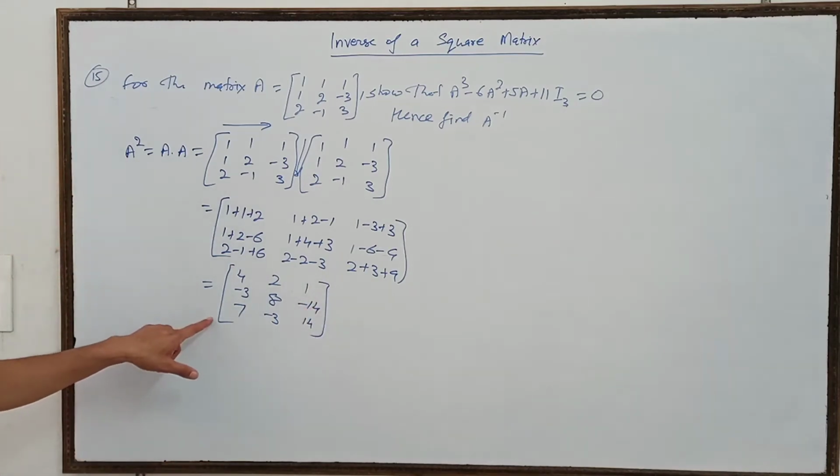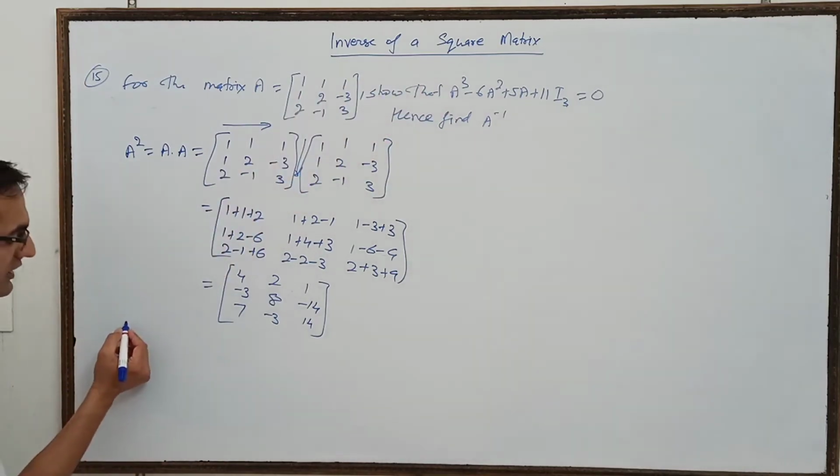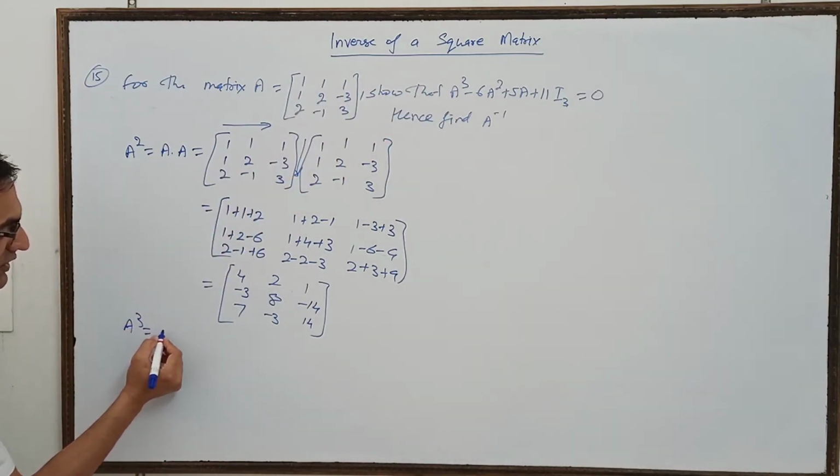This is A square. We have to find the value of A cube also. So A cube is equal to A square into A.